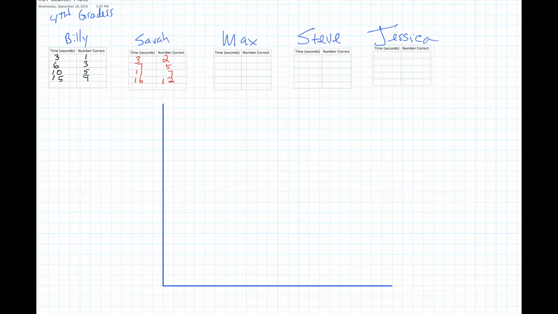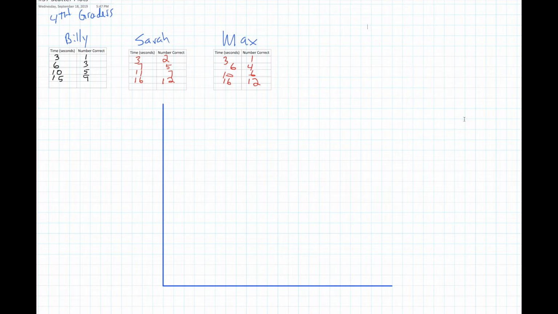And then Max: 3, 1, 6, 4, 10, 6, 16. And then he got really fast all of a sudden. Okay. I don't want to do the others. I think we'll get the gist of it with just those guys. So Billy, Sarah, and Max.